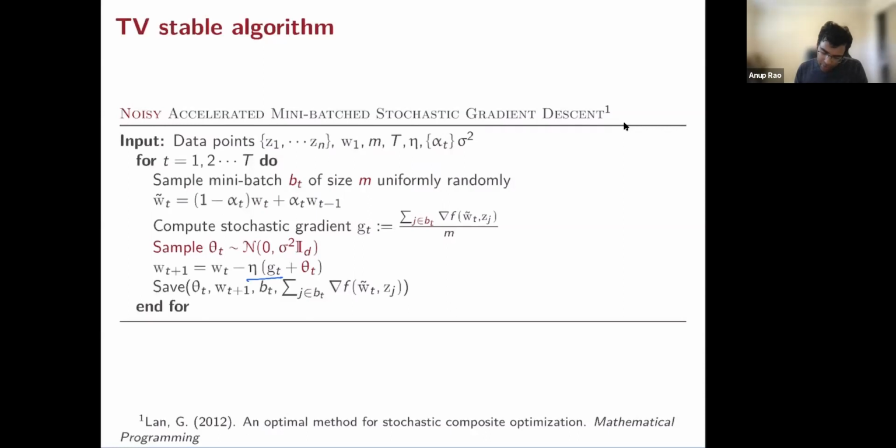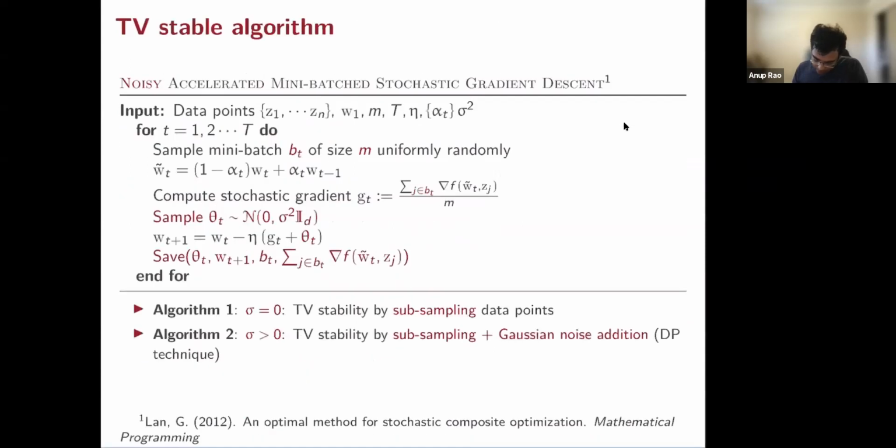But for one of the algorithms, we also add a noise term, which is sampled from a spherical Gaussian. And the metadata we store for our algorithm is this information. We save all the iterates. So we save the noise term, the W_t's, the mini batch indices, and the computed gradient.